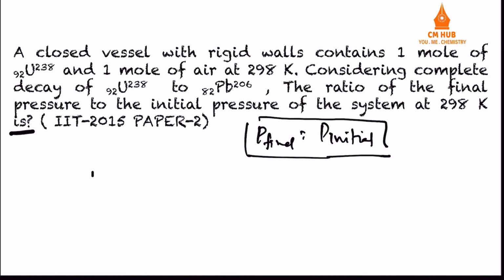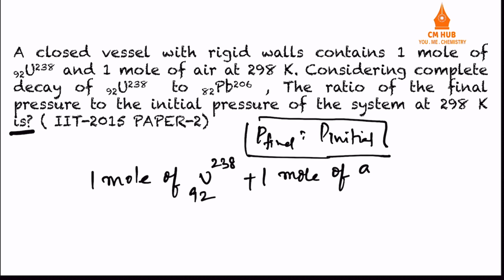Before again going into the concept, let us understand what is given in the question. You are given 1 mole of uranium 92-238 plus 1 mole of air. Now, uranium is not a gaseous component, it's a radioactive element, it decays.